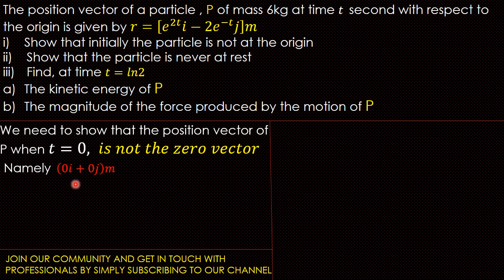So if we can show that when t is 0, the position vector is not the same as 0i plus 0j meters, we are done.